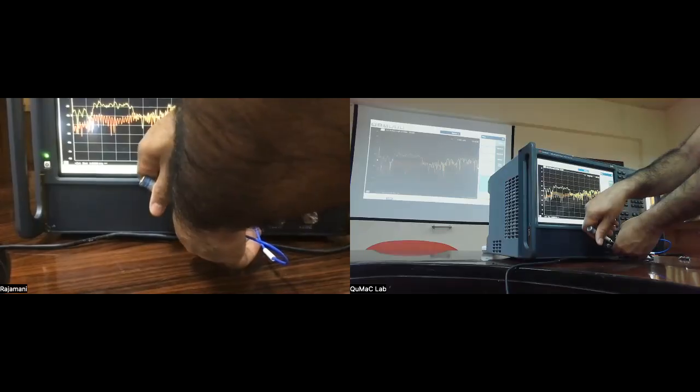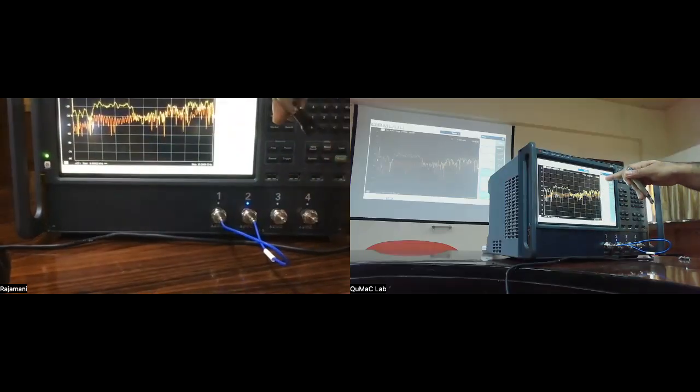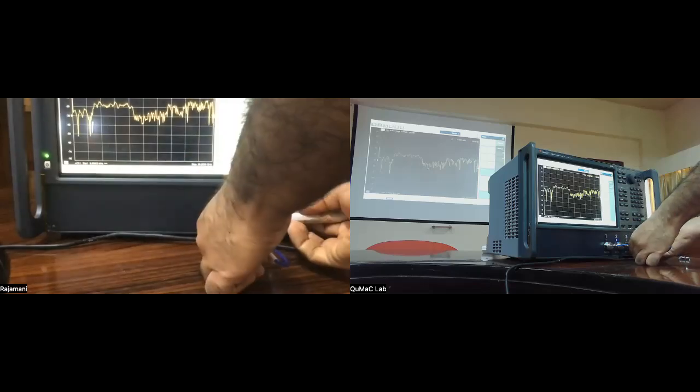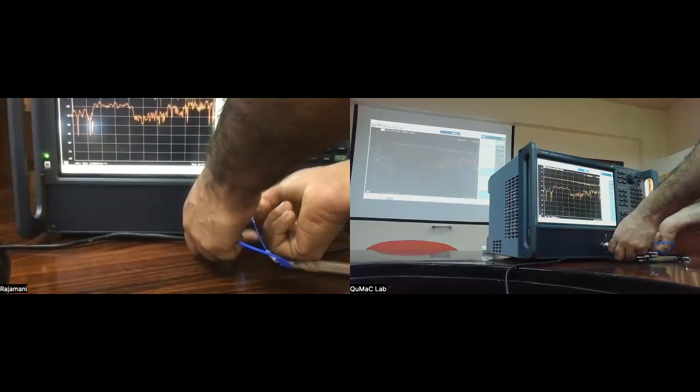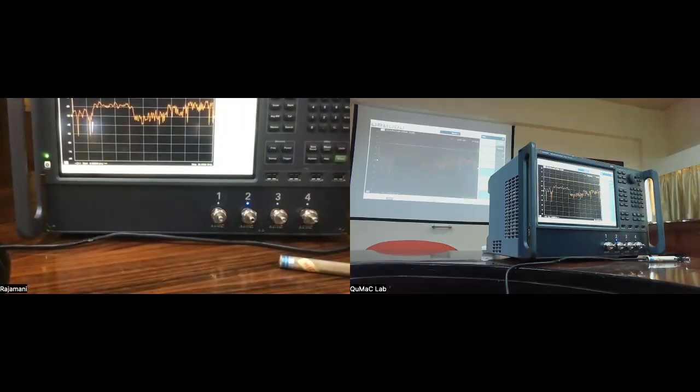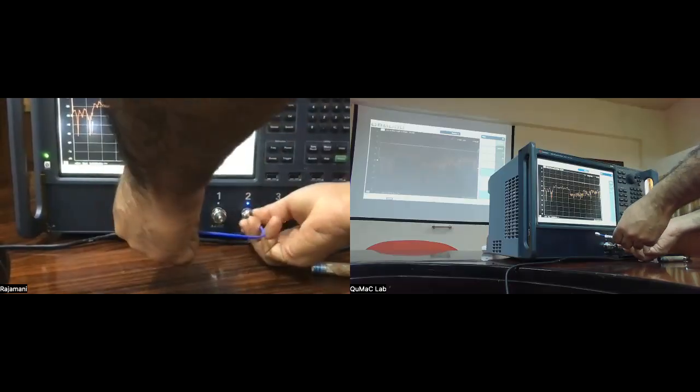Just to see. This is also a 12-inch cable.